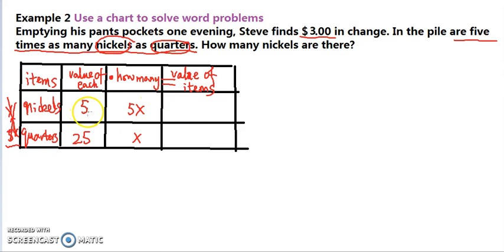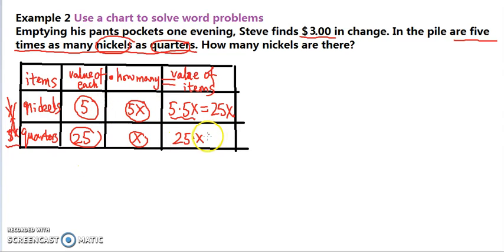That gives us 5 times 5x, which is equal to 5 times 5, that gives us 25, so we simplify this to get 25x. Similarly, we can find the value of quarters by multiplying 25 and x, so we get 25 times x. So the fourth column can be obtained by multiplying the second and third columns.